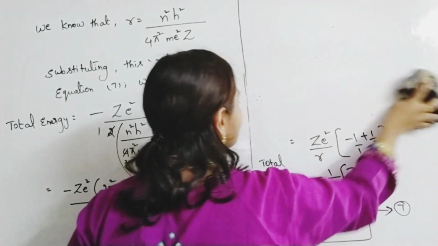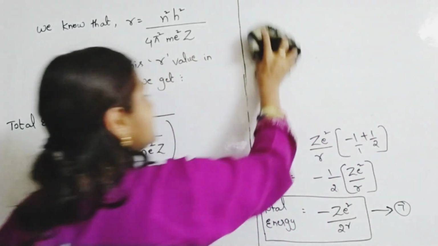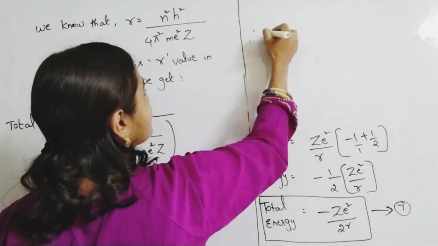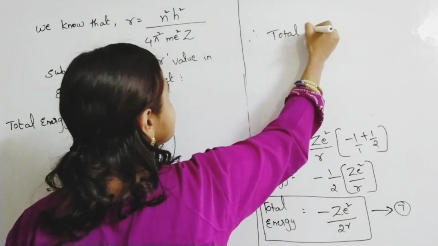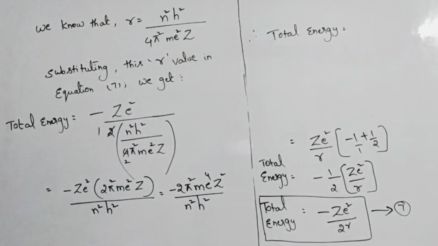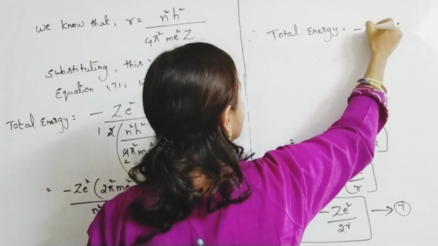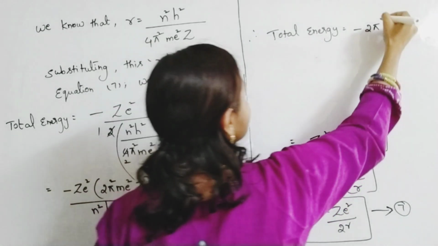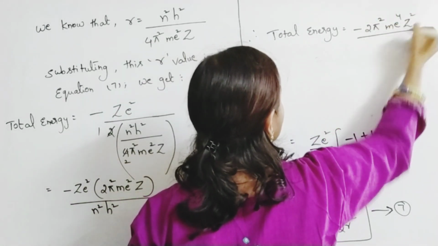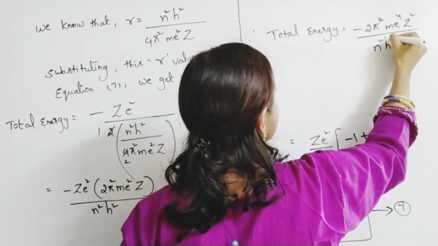Therefore total energy is equal to minus 2 pi square m e power 4 z square by n square h square.